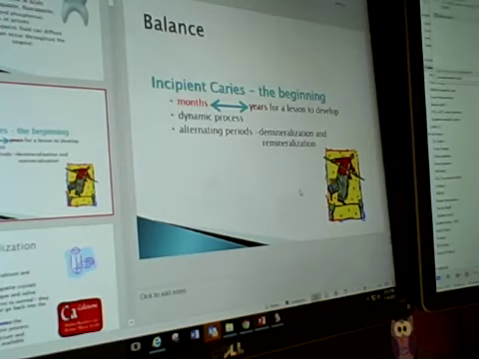It can take months to years for that incipient caries to become a frank caries and go through the dentin enamel junction, the DEJ, which is between the enamel and the dentin. If it stays within the enamel, it's incipient caries. Once it gets through the DEJ, then it becomes caries, or a frank, overt caries. We've got these alternating periods of demineralization and remineralization.